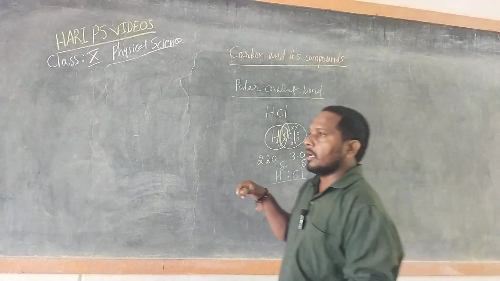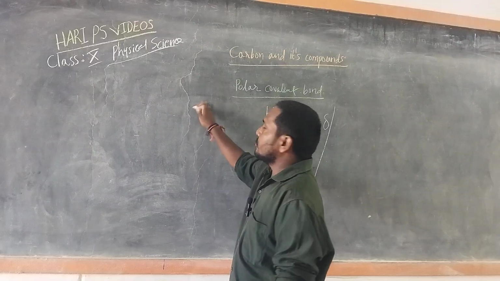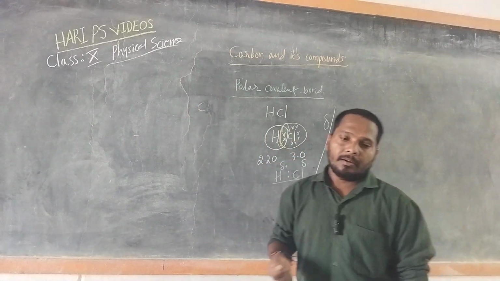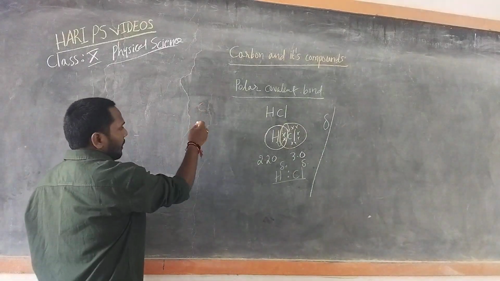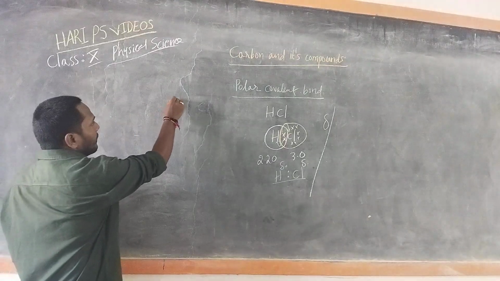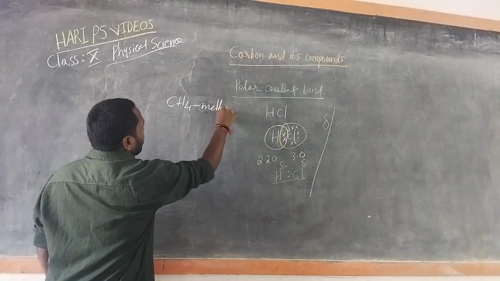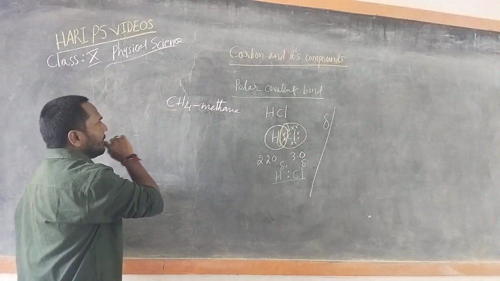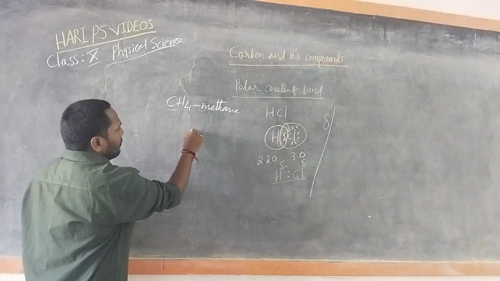Then, according to our chapter, we will discuss the formation of methane, one of the carbon compounds. Methane has one carbon and four hydrogens.